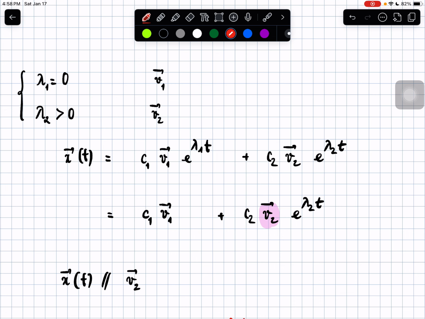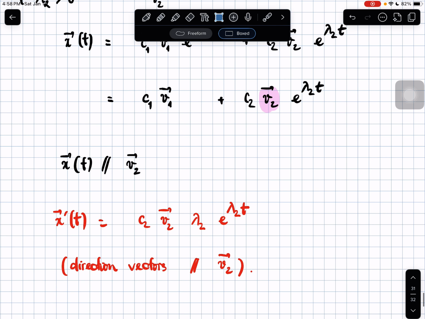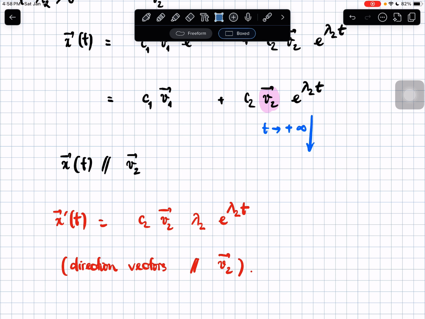Second thing is, now let's look at t tends to infinity. What happens? When t tends to plus infinity, the solution goes off to infinity. With e^(lambda 2 t), lambda 2 bigger than 0, this one goes to infinity.